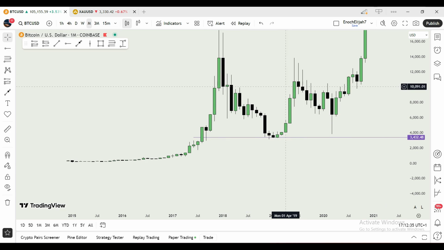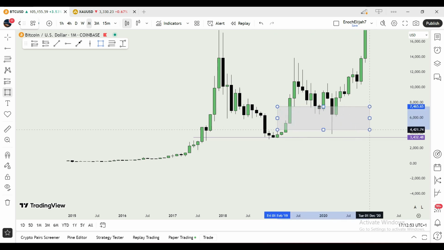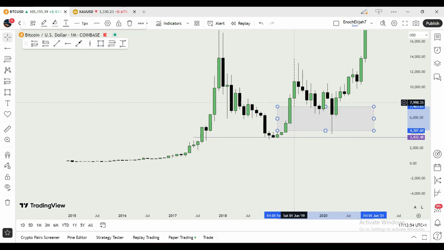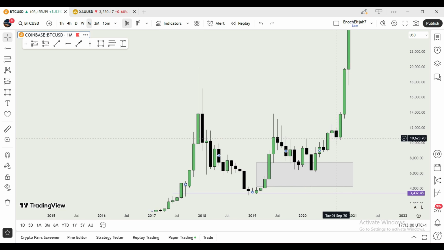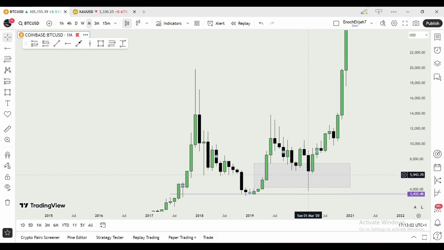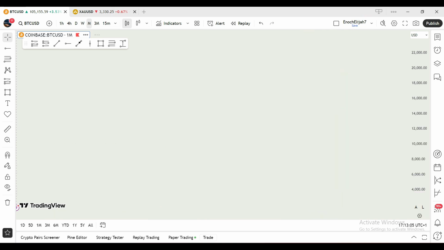Then price went up, created a new high, broke this old high, and then create this high, right? Then again price retraced back again to do what? To tap into internal liquidity, which is this imbalance here, or fair value gap, FVG. So you see, then price return back to the bullish trend.